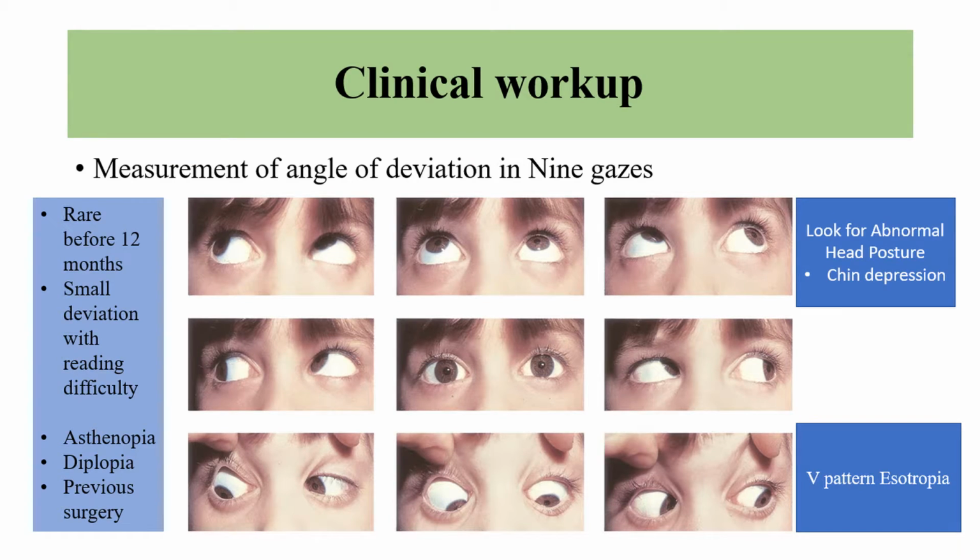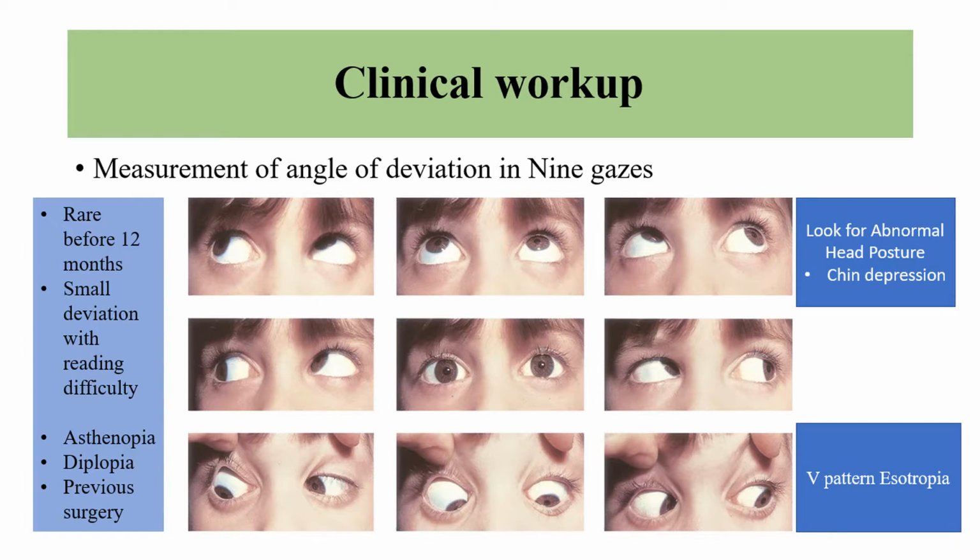So how do we go about doing a clinical workup for these patients? They may be coming to you with complaints of asthenopia, or there can be a difficulty in reading. When they walk into your clinic, the best thing is you should look for any abnormal head posture, whether they're coming with a chin depression or chin elevation.